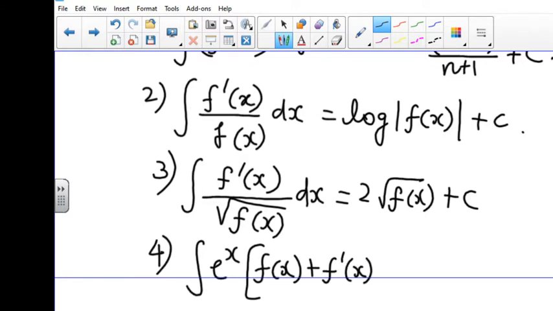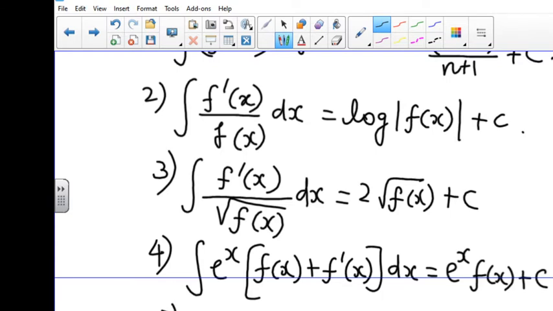Next, formula number 4, integral of e power x into f of x plus f dash of x dx is equal to e power x f of x plus c. Whenever we have e power x into f of x plus its differentiation, then we can write e power x f of x.